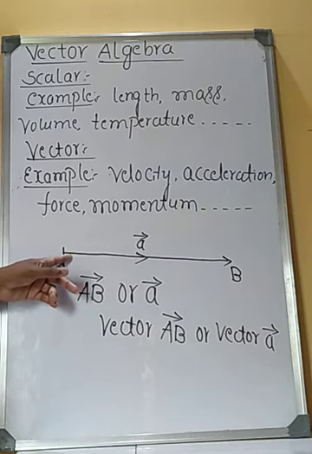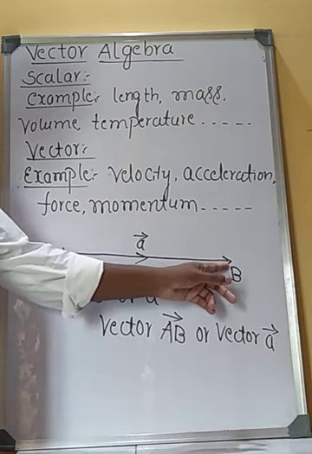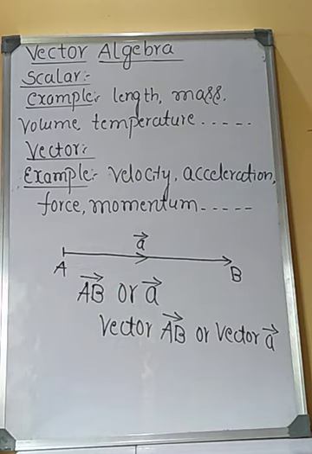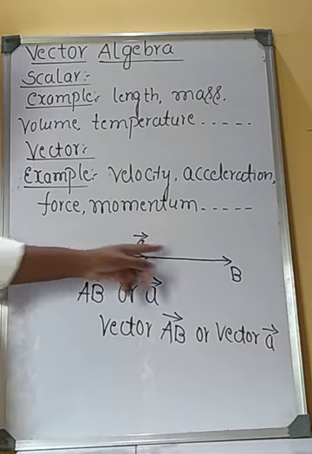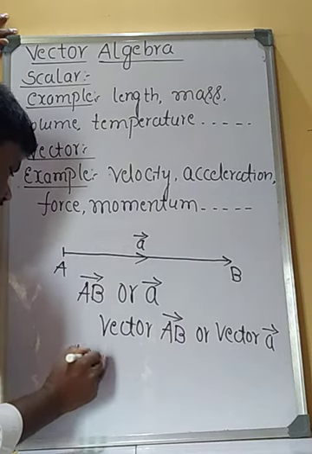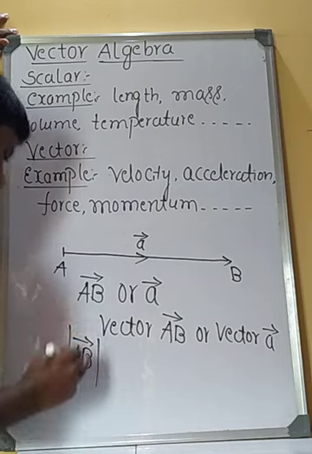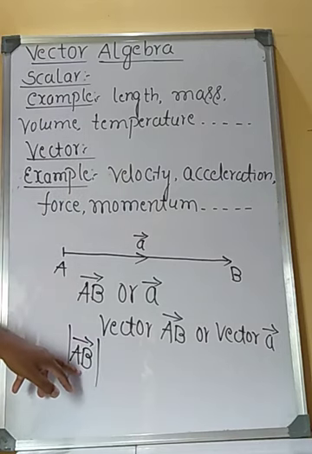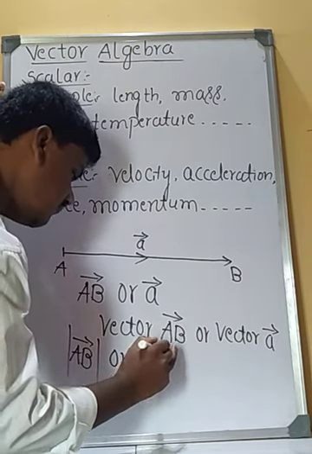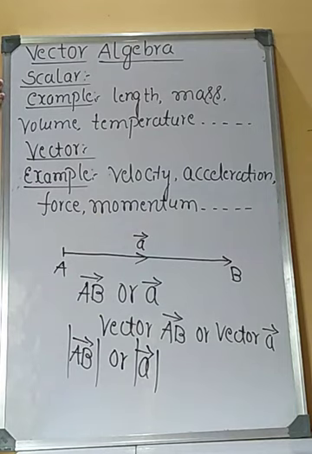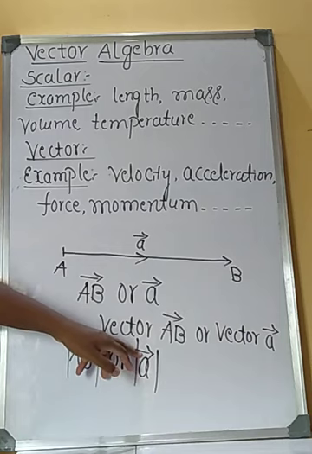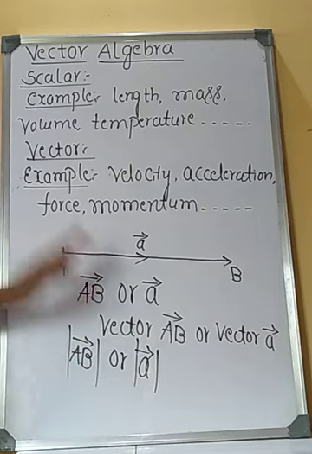The distance between the initial and the terminal point of a vector is called the magnitude of the vector or length of the vector, denoted by magnitude of vector AB or magnitude of vector a. The arrow mark indicates the direction of the vector.